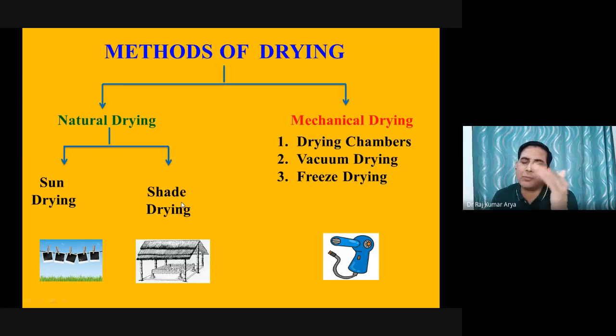The same thing happens for very good quality fabric cloths. People put a tag on them: use shade drying, don't dry directly in sunlight, because there is a coating on that particular fiber that will leach out over a period of high heating. So that is also avoided.